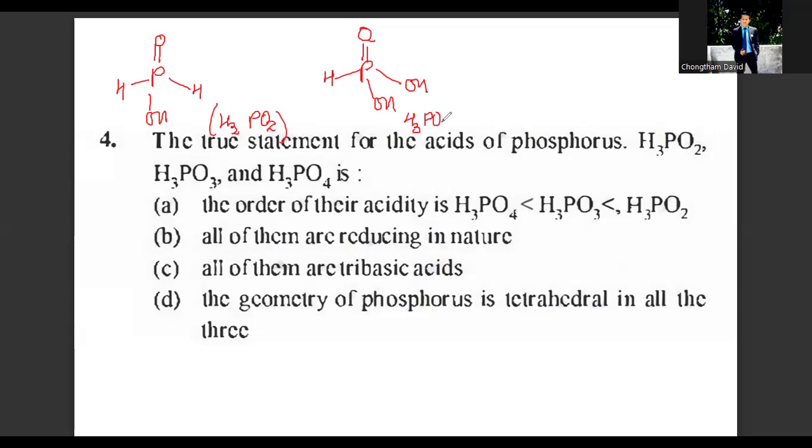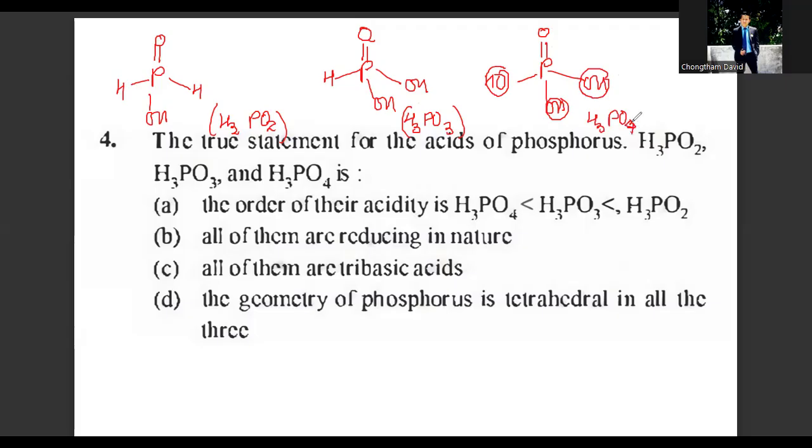So you have two replaceable hydroxide ions, which means its acidity would be 2, dibasic. What about the next oxyacid of phosphorus? Since phosphorus is pentavalent, you have 3 replaceable hydroxy groups. So it must be tribasic.